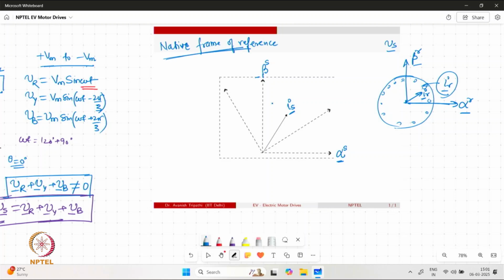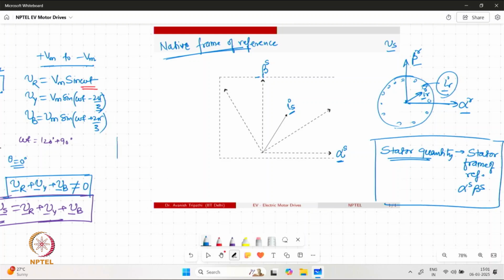The meaning of native frame of reference is that whenever we are dealing with any stator quantity, it has its own native frame of reference. Naturally, it is referred in that frame of reference, and that is the stator frame of reference for any stator quantity, which means alpha s and beta s.